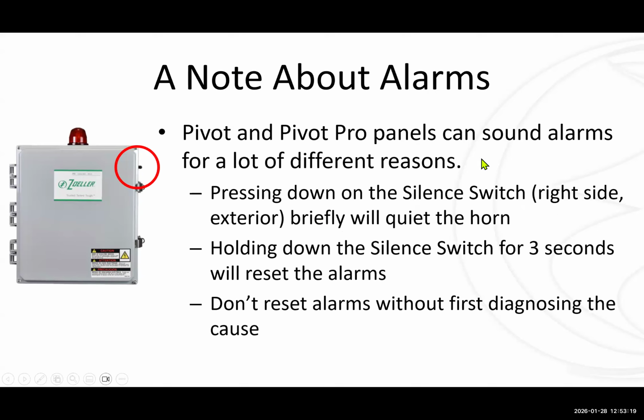If you go to a site and there is an alarm happening, and the panel door is closed, as it should be, it's fine to go up and silence the alarm. If you find that switch on the side, tap it down and the horn will stop screaming. And that's what everybody wants, right? You're there, you don't need it screaming in your ear.